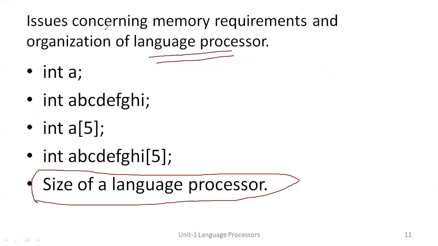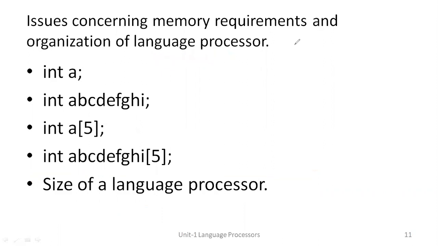So this is the issue regarding memory allocation: how much memory is to be given to the language processor. In a single line, a language processor is also software which needs memory for execution purposes.